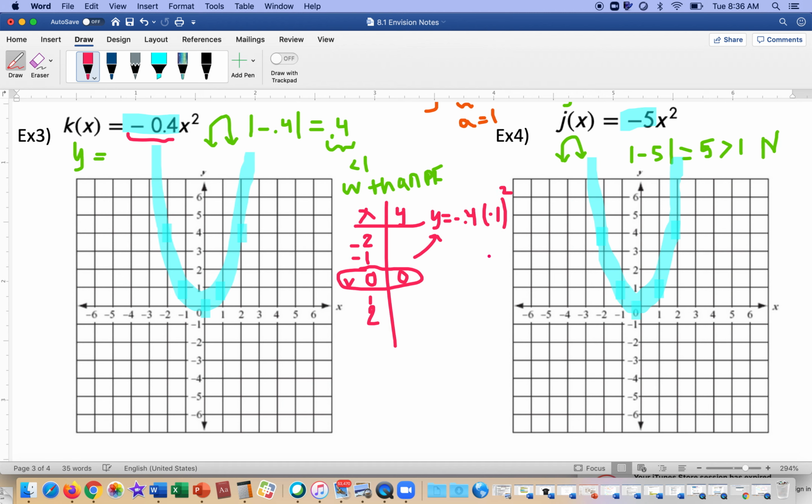So negative 1 squared becomes positive 1, right? Negative 1 times negative 1 is 1. And then 1 times the value in front. We do that next. PEMDAS, right? Parentheses first. Negative 1 times negative 1, negative 1 squared is 1. And negative 0.4 times 1 is negative 0.4.